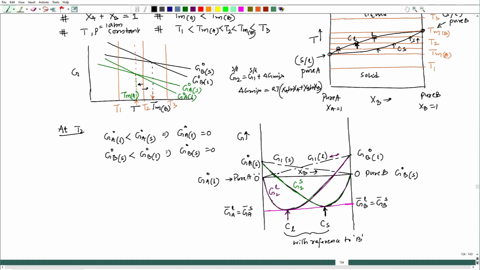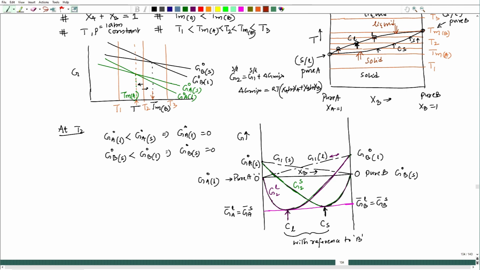I see that it actually gives me a kind of lens-shaped pattern, where this line reflects liquid and this line reflects solid, fine.